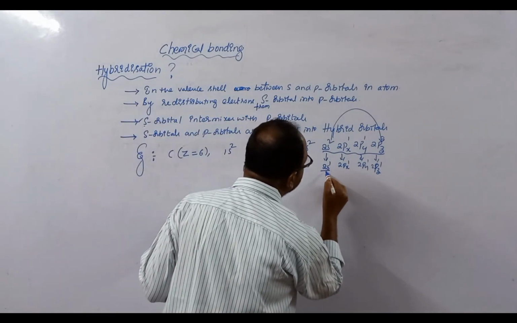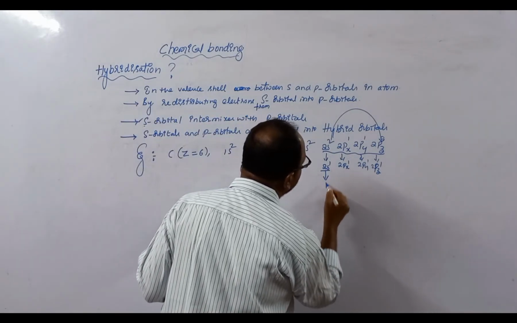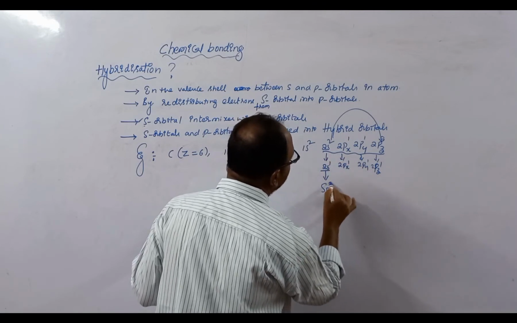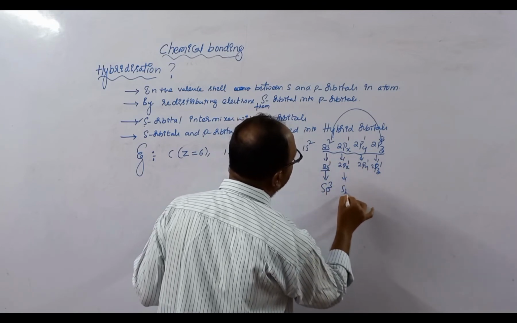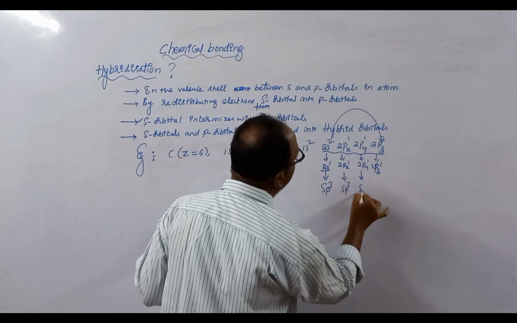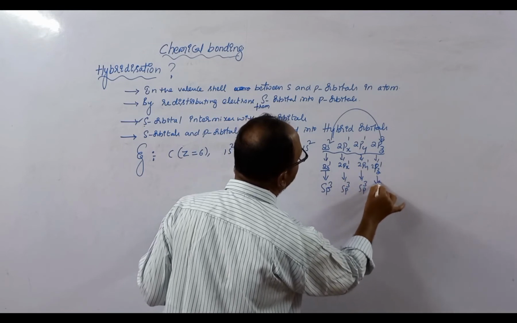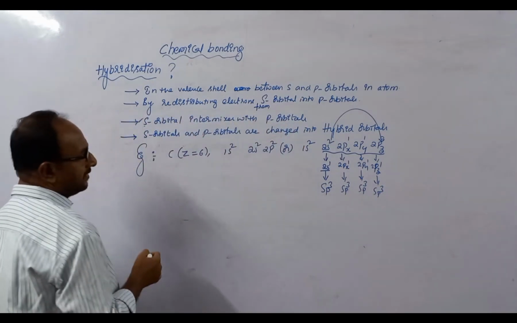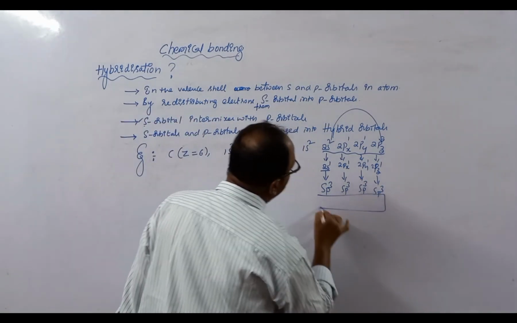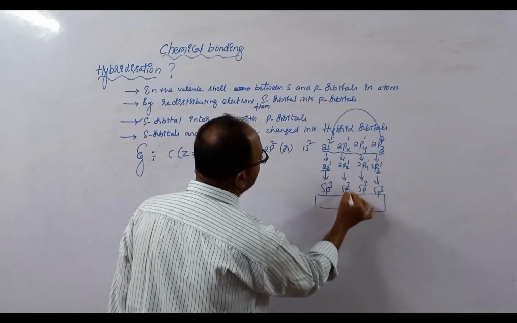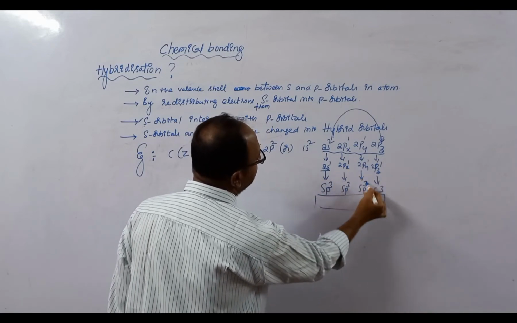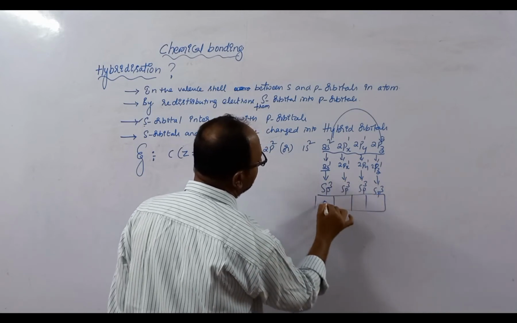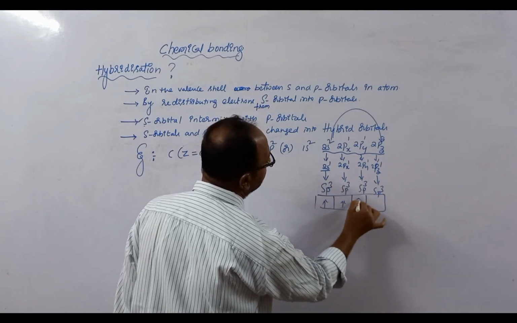Now this converts into sp3 hybrid orbitals. Now this 2s with px, py, pz becomes sp3, sp3, sp3, sp3, and each has its electron.